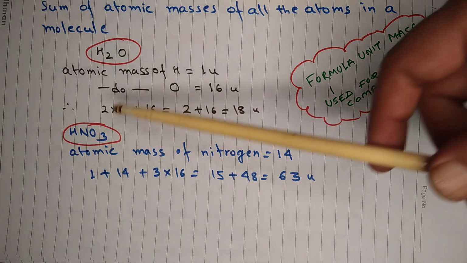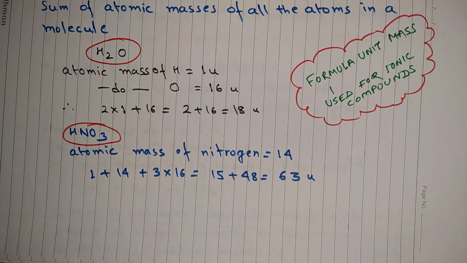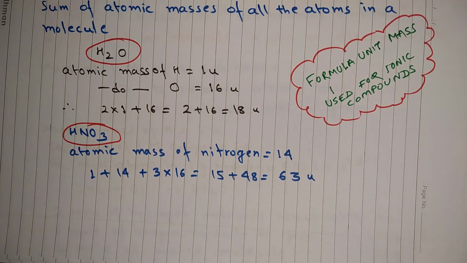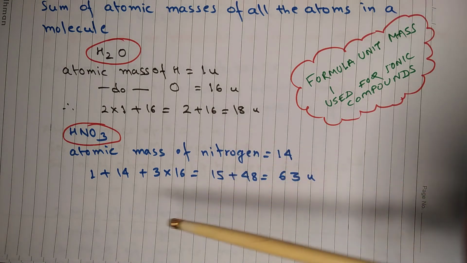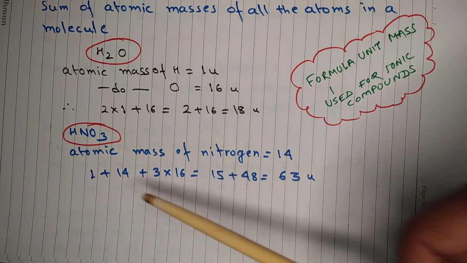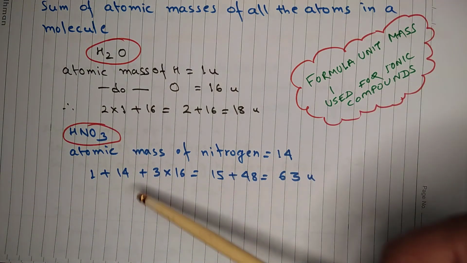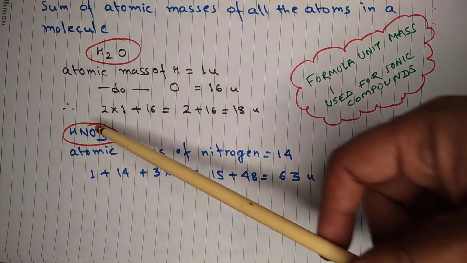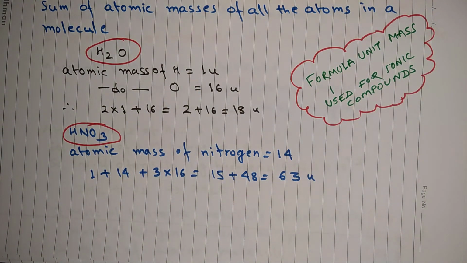For nitric acid, HNO3, the atomic mass of nitrogen is 14 and the rest of the components are the same as here. Okay. So molecular mass, let us calculate. 1 for hydrogen, 14 for nitrogen, and 3 multiplied by 16 for 3 atoms of oxygen.